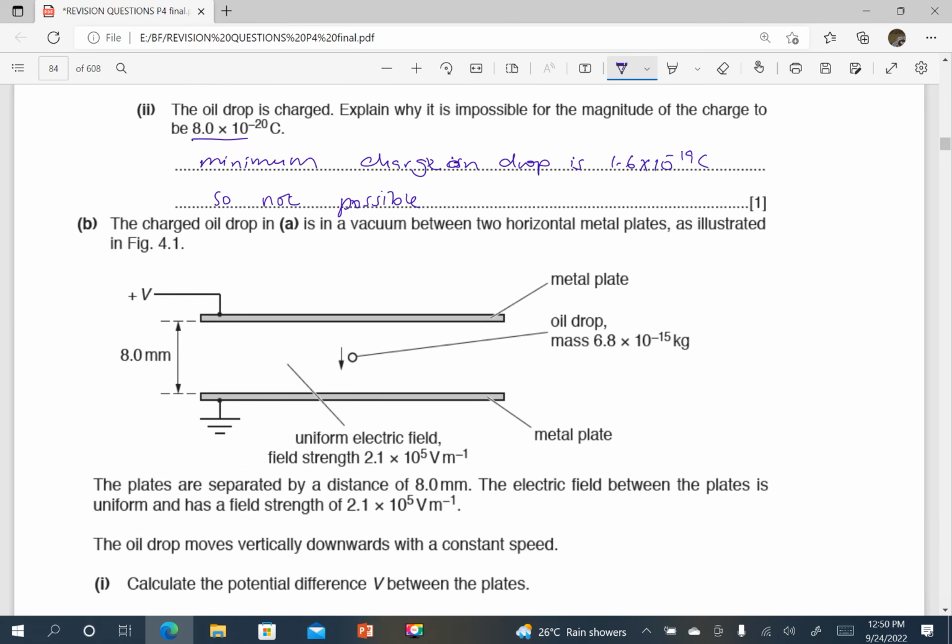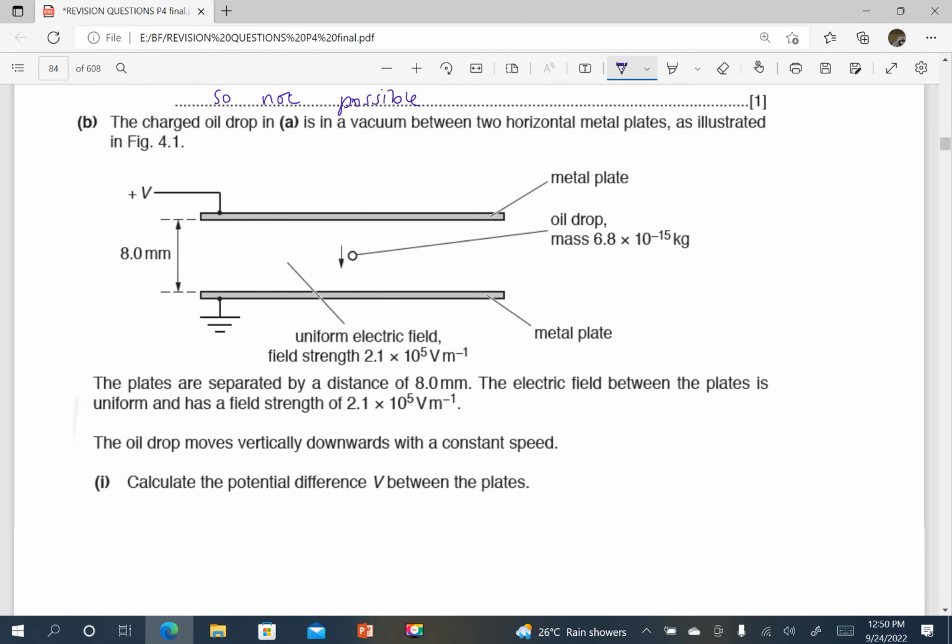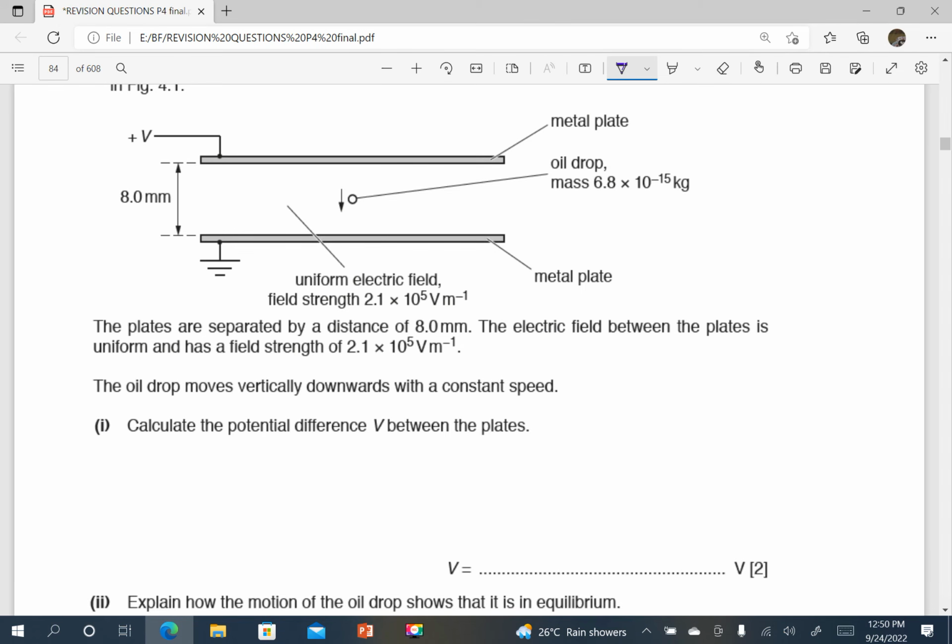So it's not possible. The charged oil drop is in a vacuum between the two horizontal metal plates as illustrated in the figure below. Okay. The plates are separated by that distance. The electric field between the plates is uniform and has a field strength that. The oil drop moves vertically downwards with a constant speed. Note that constant speed means resultant force is 0. Calculate the PD between the plates.